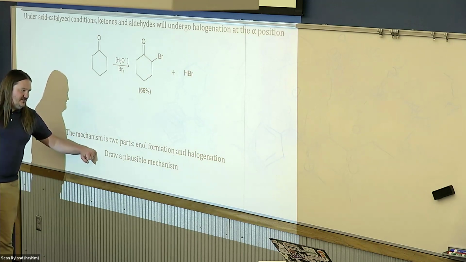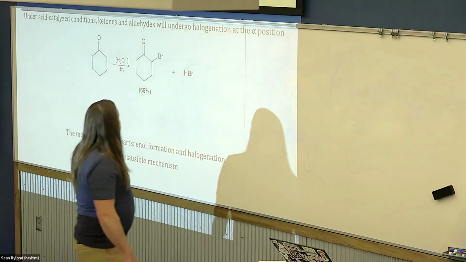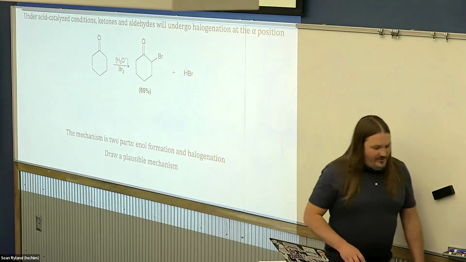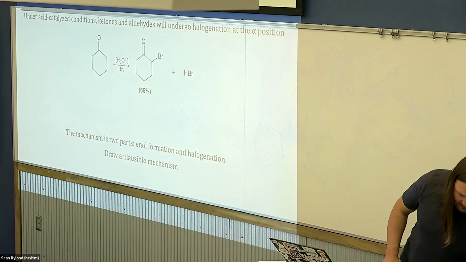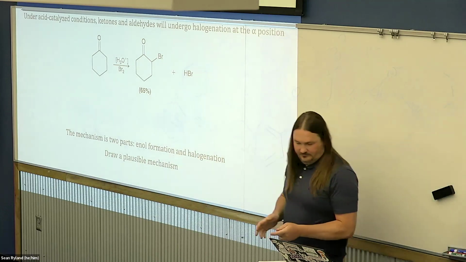With that in mind, they then figured out how enol formation worked. So if you know it's going through an enol intermediate, draw the mechanism. Unless you want the practice, you don't have to draw the mechanism for the enol formation, since we've done that one a whole bunch today already.